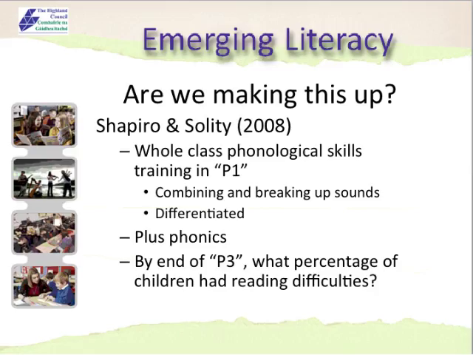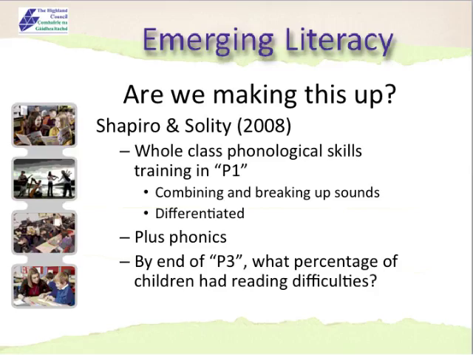But they combined this with activities to build the children's phonological skills based on what the skill level of the children was. So some children had more help with word boundaries and rhymes and detecting sounds, and some children who were secure in those did other things.